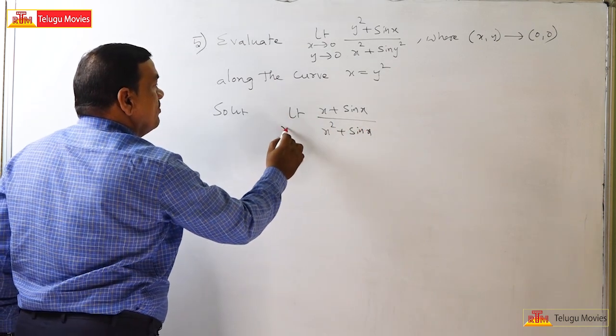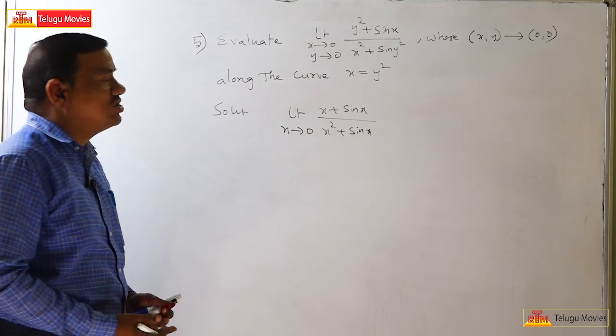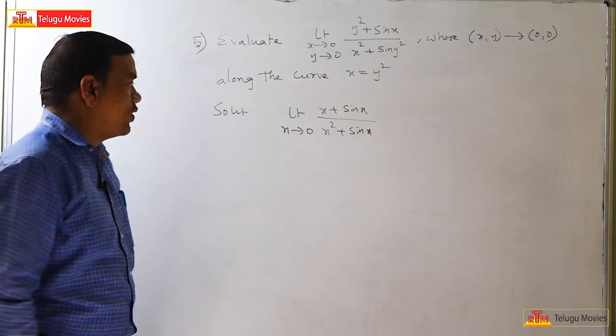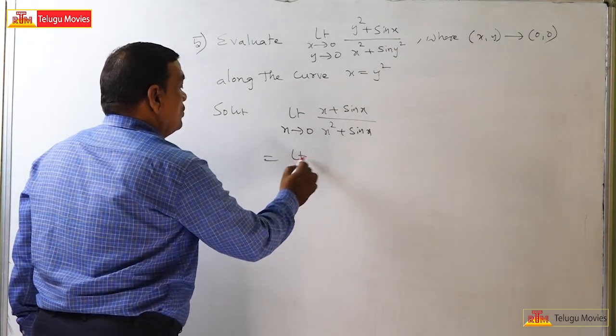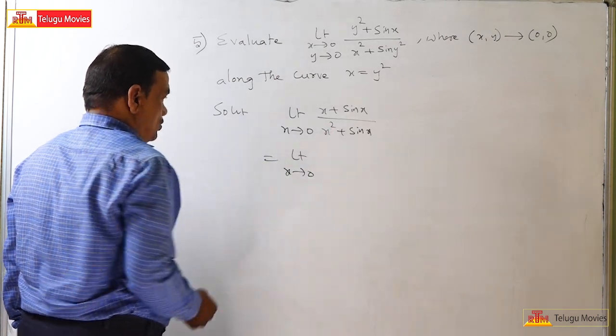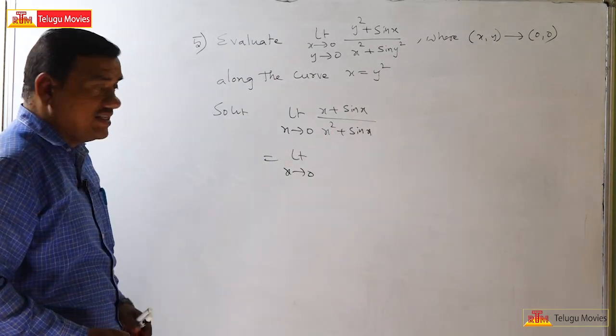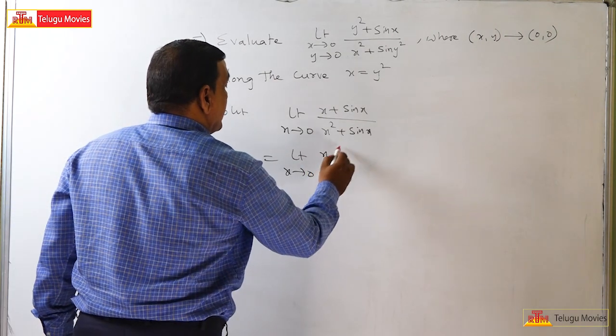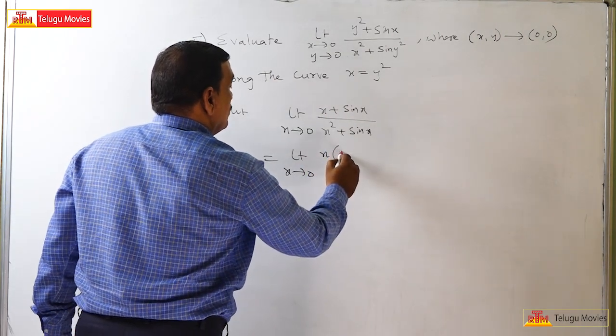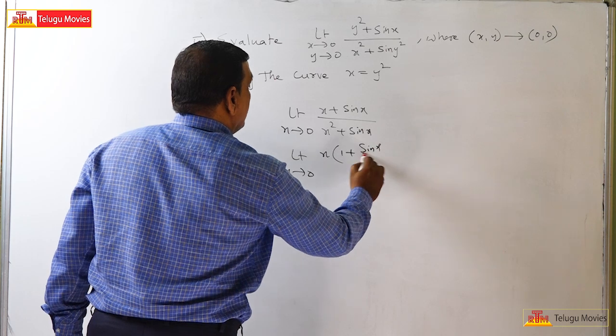Now the problem will become limit x tends to 0. That's all this problem. So this is equal to limit x tends to 0. So you can take x common outside here. So this is equal to 1 plus sin x by x.